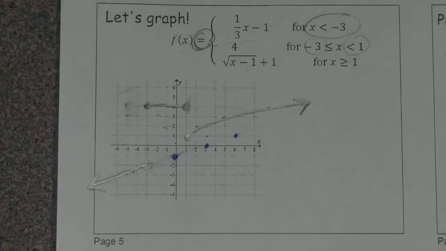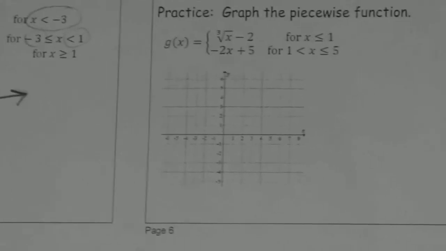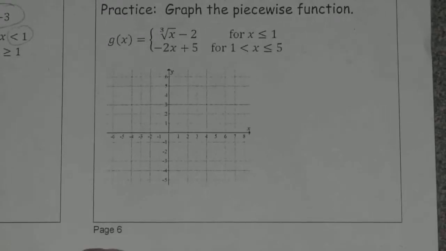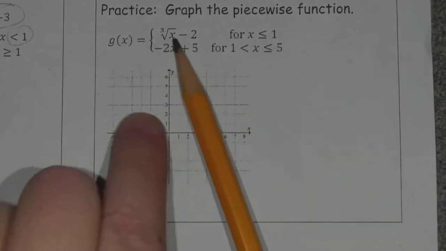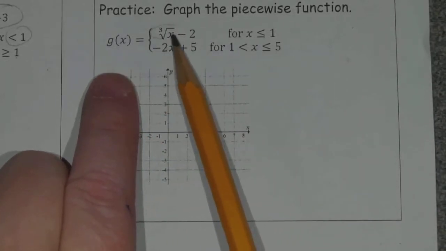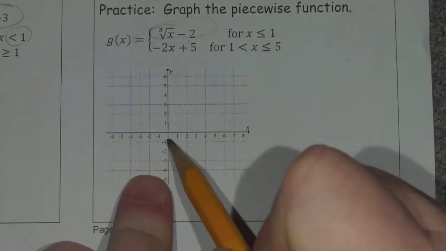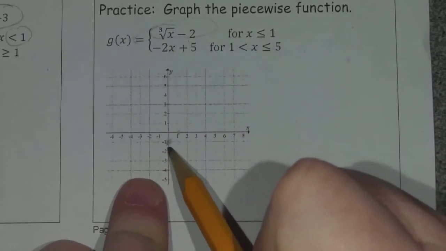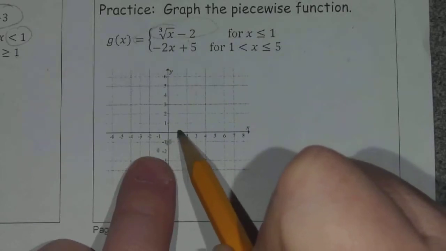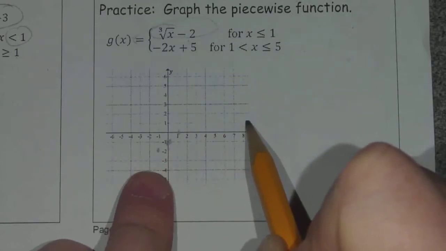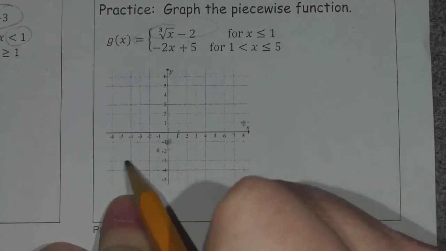All right, next one. How you feeling about it? Not good? Bad? Okay. This is a cube root graph that goes down 2. On the cube root graph, I'm normally following that pattern over 1, up 1, and then up 1 over 7.